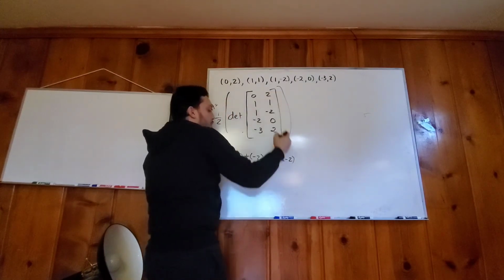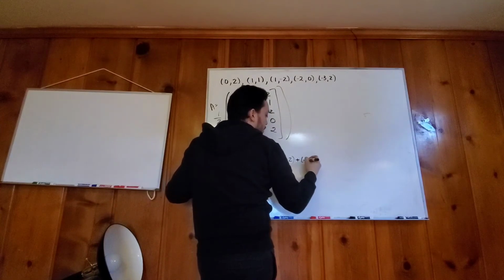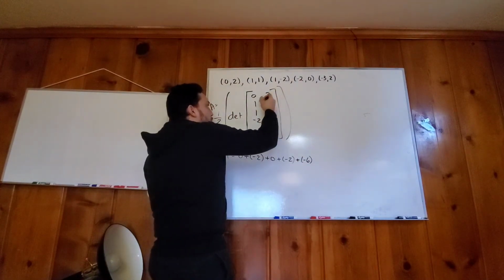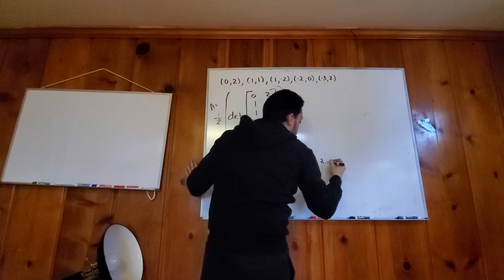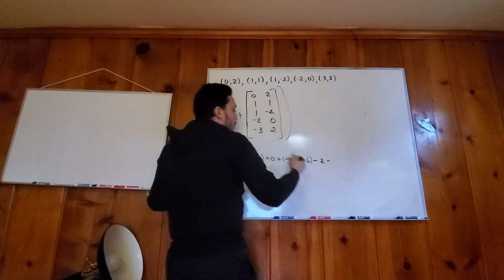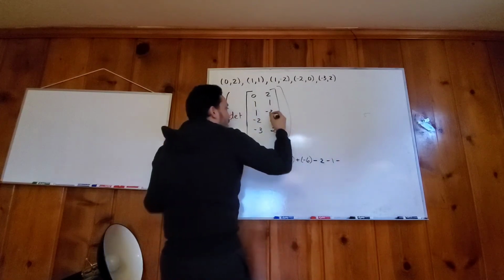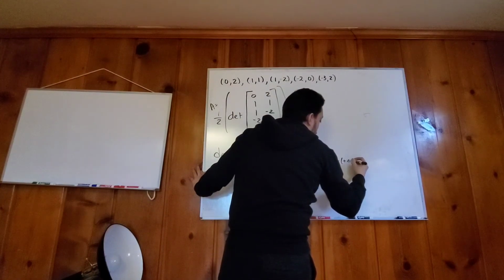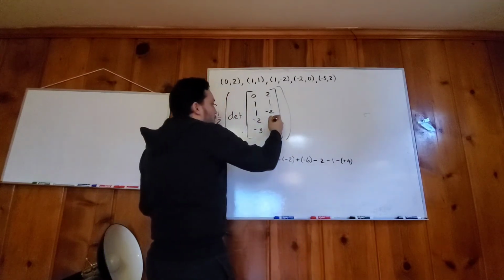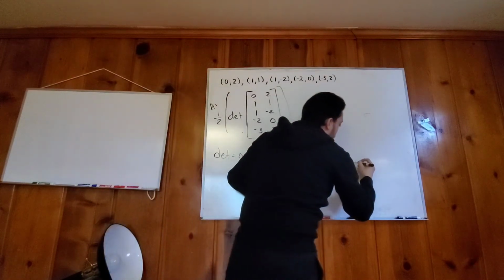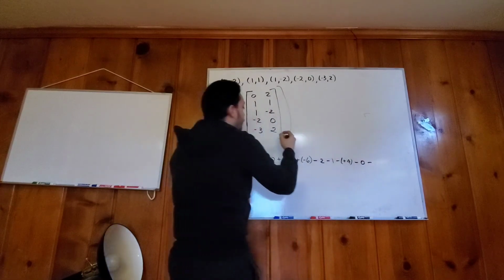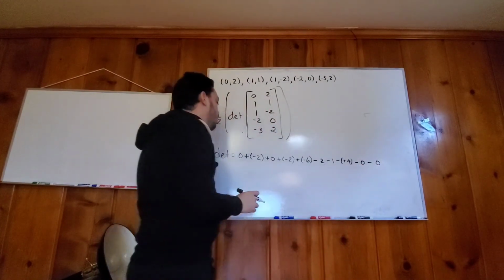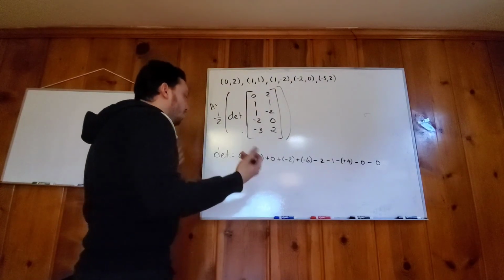And negative 3 times 2 is plus negative 6. All right. Then we're supposed to do 2 times 1 minus 2 minus 1 times 1 is 1 minus negative 2 times negative 2 is positive 4 plus positive 4. 0 times negative 3 is minus 0 minus, finally, 2 times 0 is 0. Yay, look at that. We have 4 zeros, so we don't really have to worry about that.